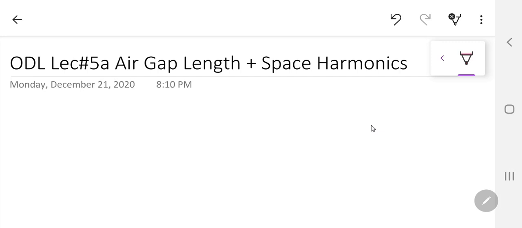But before I move on towards the space harmonics, if you remember, we have done the design of the stator. We have found D and L, we have found the outer diameter of the machine, that is D naught, and the depth of the stator slot.